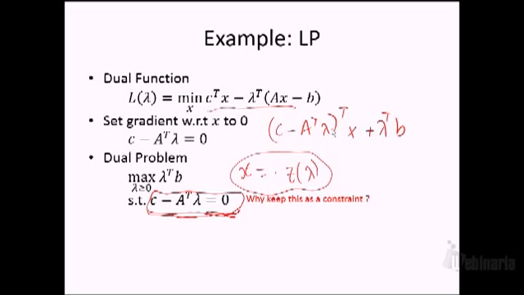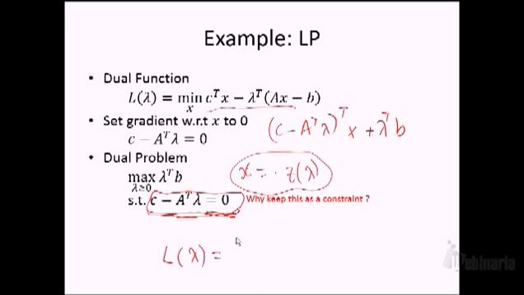you are minimizing this function with respect to x. And if this is not 0, then, since x is unconstrained, you can get the function to be as small as you want. And so this minimization would be minus infinity.